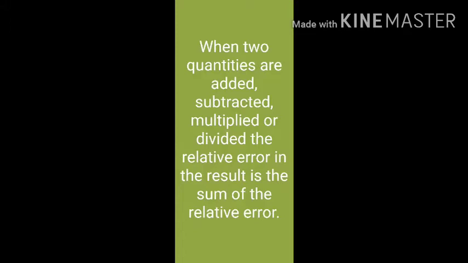Now we can conclude that when two quantities are added, subtracted, multiplied or divided, the relative error in the result is the sum of their relative errors. So error can be positive or negative, but the relative error or percentage error will always be the sum of their relative errors.